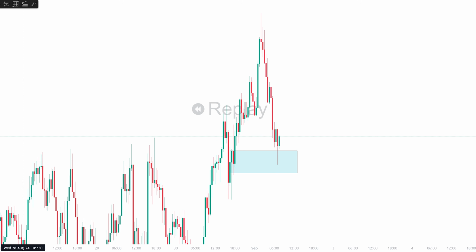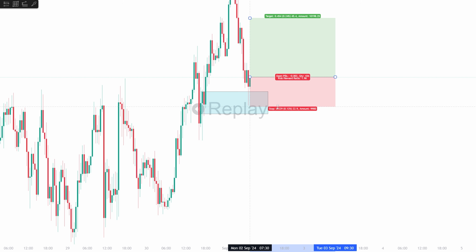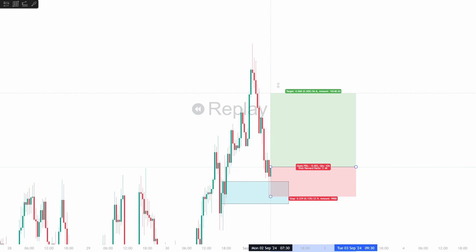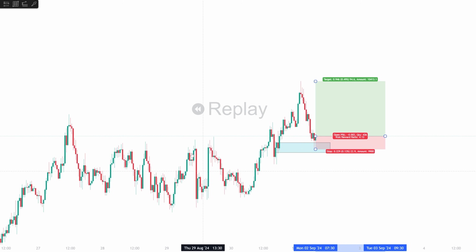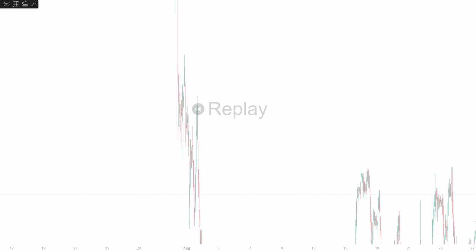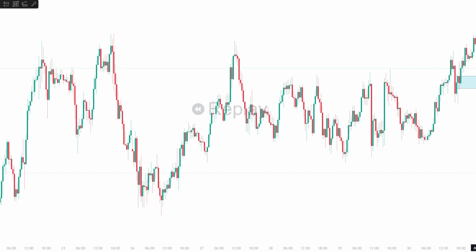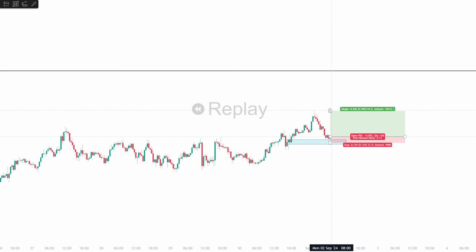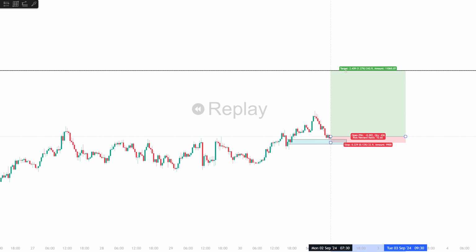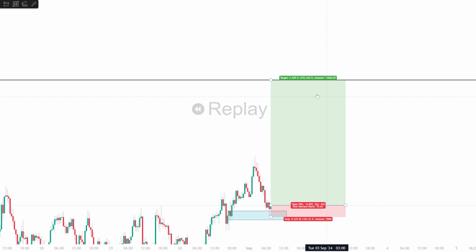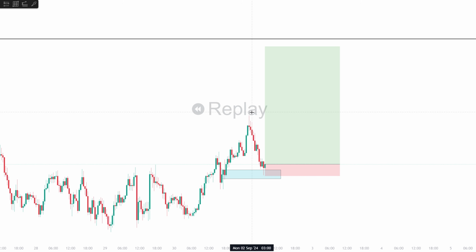But I don't even know if this wins, so let me set everything up. 1 pip below over here. I think I had TP1 over here, and for my take profit 2, I can be targeting this high over here. So let me target this high, and let me go for a maximum of 1 to 10, and have my take profit 1 at, let's go for a 1 to 5.